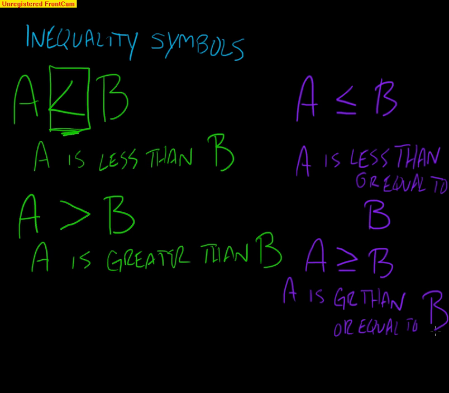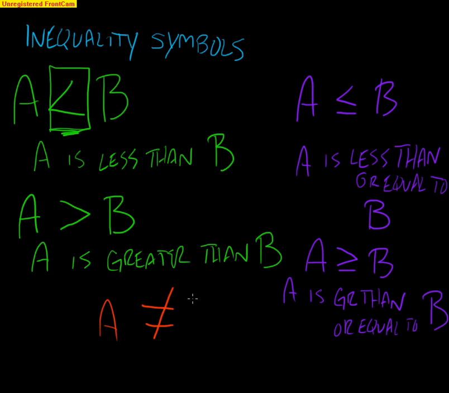And last but not least, one that you may not have learned in third grade, we're going to do that in red, is just the equal sign with a slash through it. What do we think that means? That is just is not equal to.